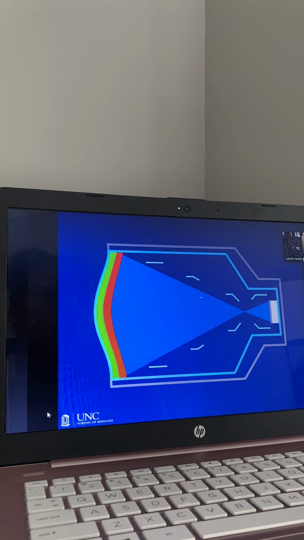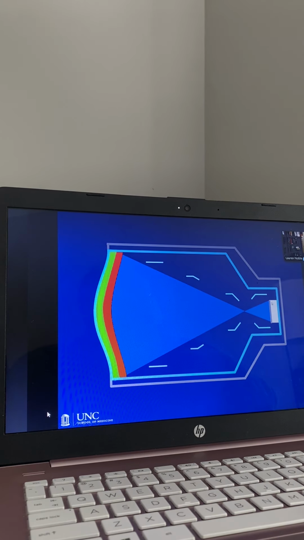What happens is the electrons get focused to almost like a single point, but then they end up diverging out to hit the output phosphor. Because again, we don't want the electrons to be just a single point. The electrons have to diverge out to give us the image. Otherwise, it would just look like we've got a single point for the image. So this is what it looks like if we're using the largest field of view, that 30 centimeters.